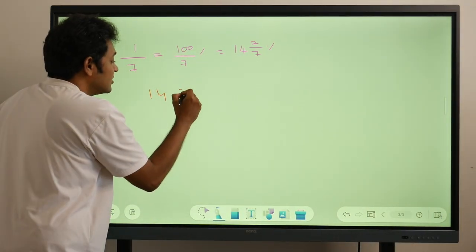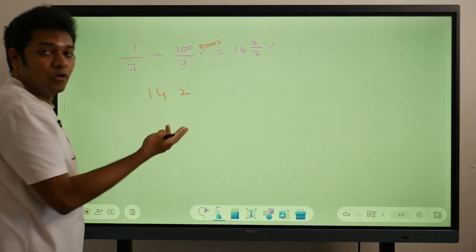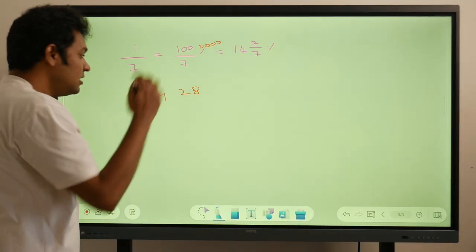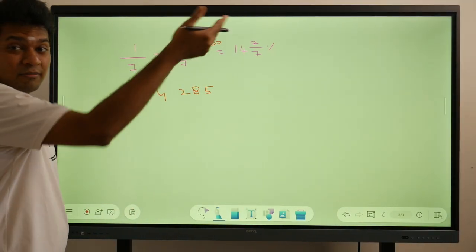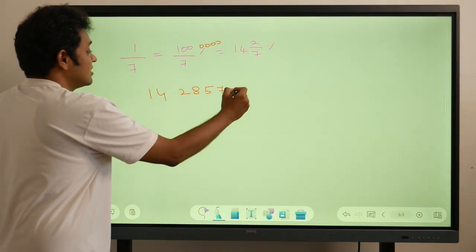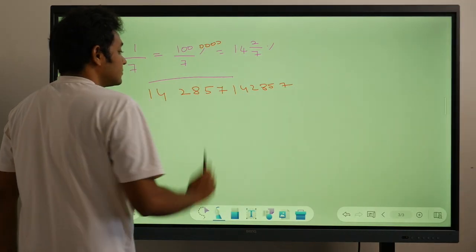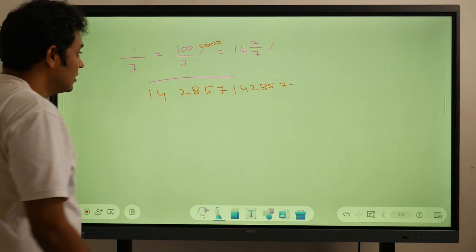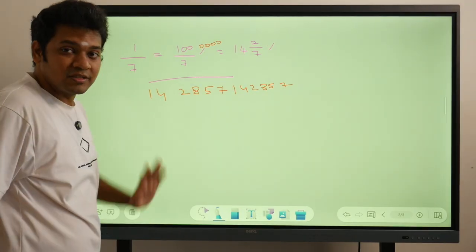Now 20, so 2 7s are 14, carry 6, 8 7s are 56, carry 4, 5 7s are 35, carry 5, 7 7s are 49, carry 1, again 1 7 is 7, 4 2 8 5 7, it keeps going. 1 4 2 8 5 7, 1 4 2 8 5 7, that is the recurring part. So 1 by 7 is 14 2 by 7 or 14.285714 percentage.